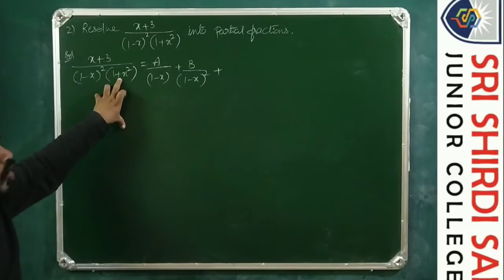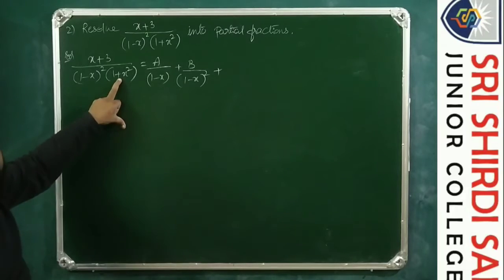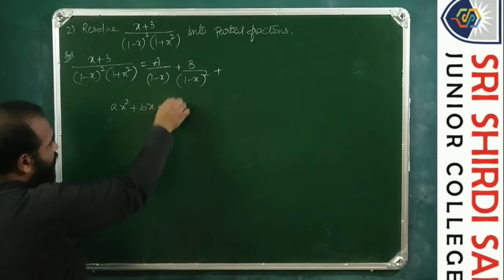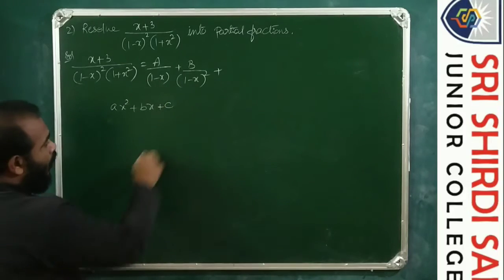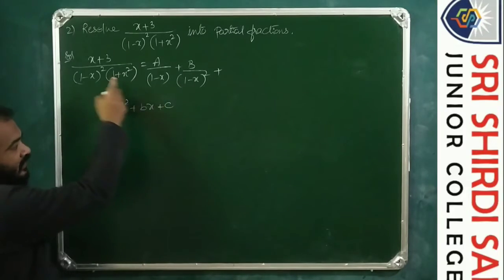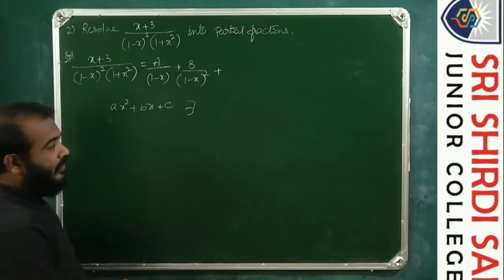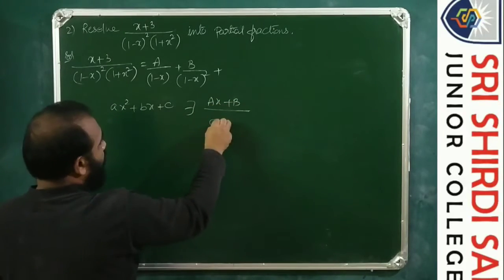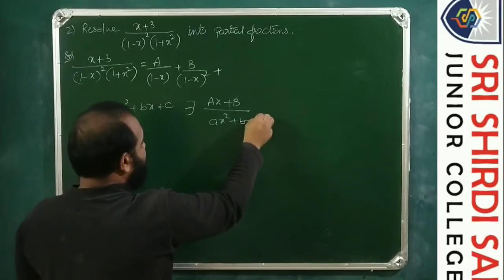this is the non-repeated irreducible quadratic factor. For every non-repeated irreducible quadratic factor ax square plus bx plus c of the denominator g of x, there corresponds a partial fraction of the form ax plus b by ax square plus bx plus c.